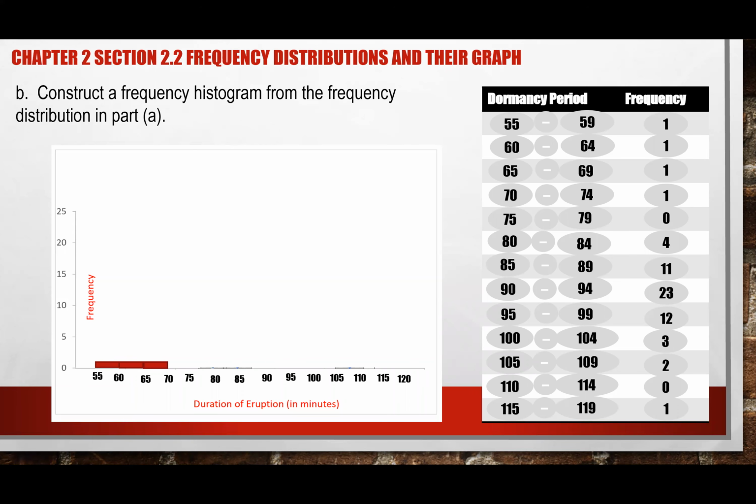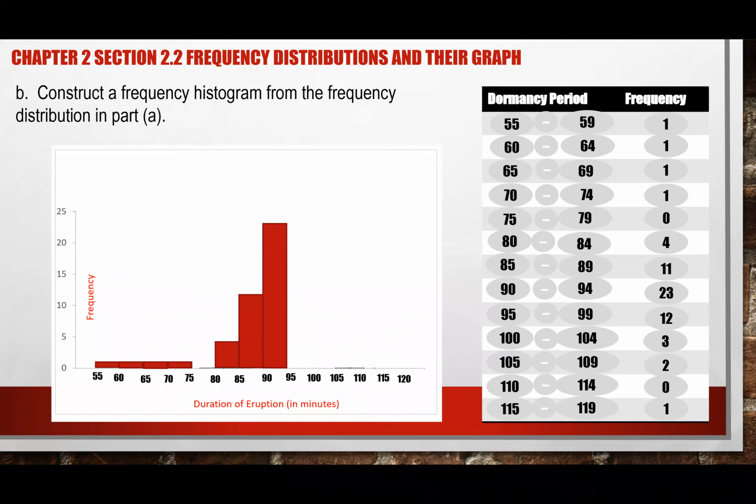This might not be exact, but do you agree that for the first 4 classes, from 50 to 60 I have 1, from 60 to 65 I have 1, and so on and so forth. From 75 to 80 I don't have any, and the next one is from 80 to 85, where I have 4. I might touch the 5, but just imagine that it is 4. The next number I have is 11.